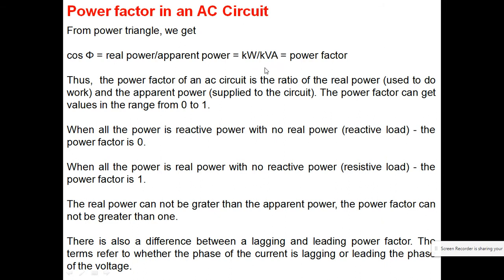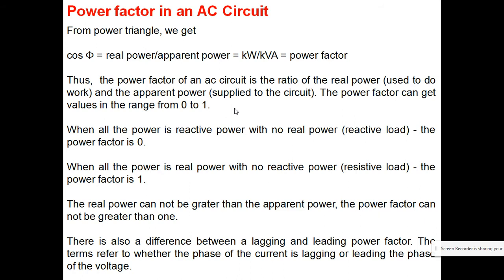So the power factor of an AC circuit is the ratio of working power to the apparent power supplied to the circuit, and it lies in the range of 0 to 1.